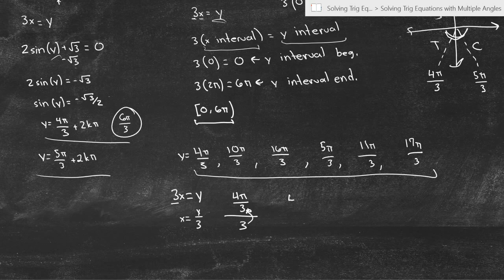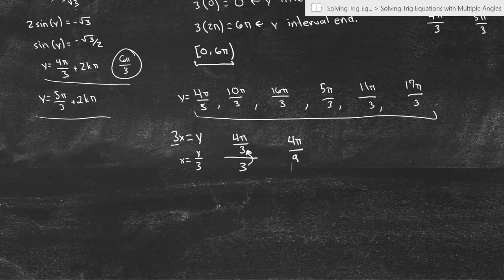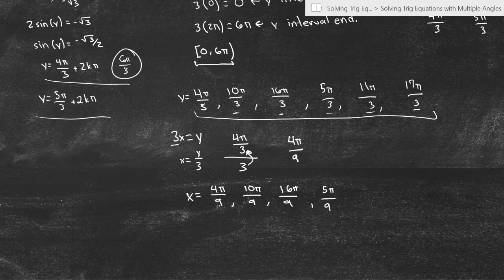So we get 4 pi over 9. Every single one has the same denominator of 3, so all of them are just changed to 9s. So x equals 4 pi over 9, 10 pi over 9, 16 pi over 9, 5 pi over 9, 11 pi over 9, and 17 pi over 9.